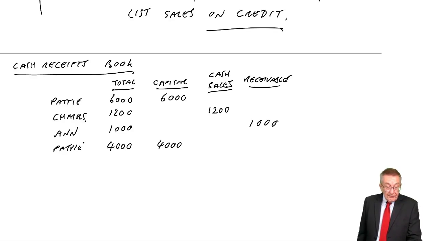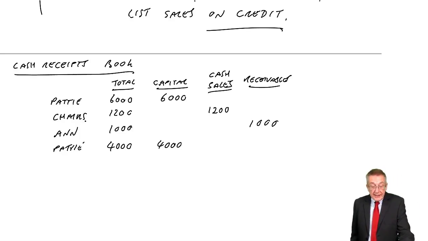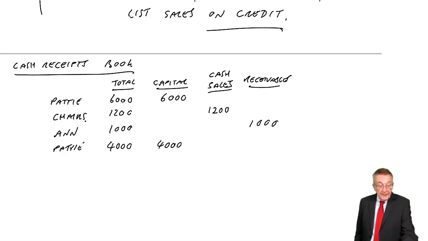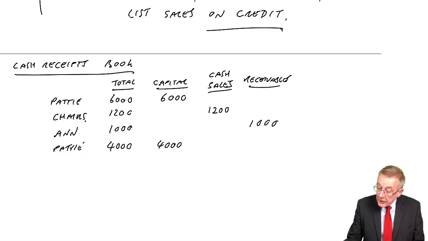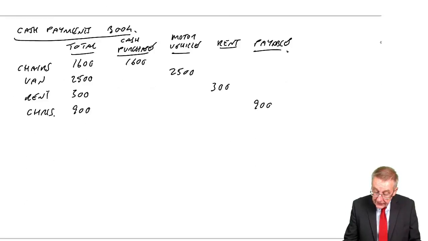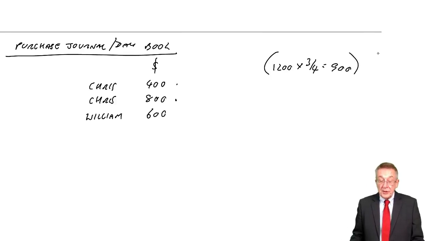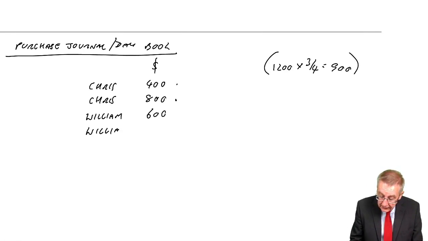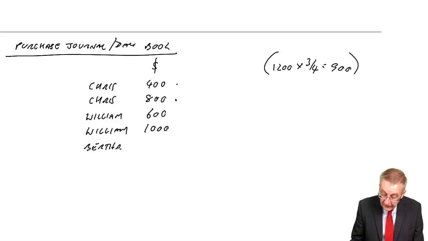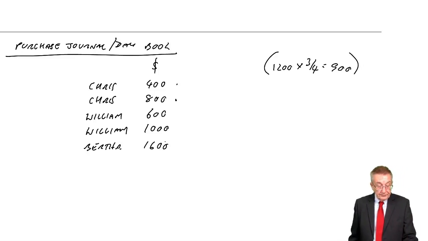O, chairs were purchased on credit from William and from Bertha. So if we buy on credit, it's the purchase journal or day book. William, 1,000. Bertha, 1,600.